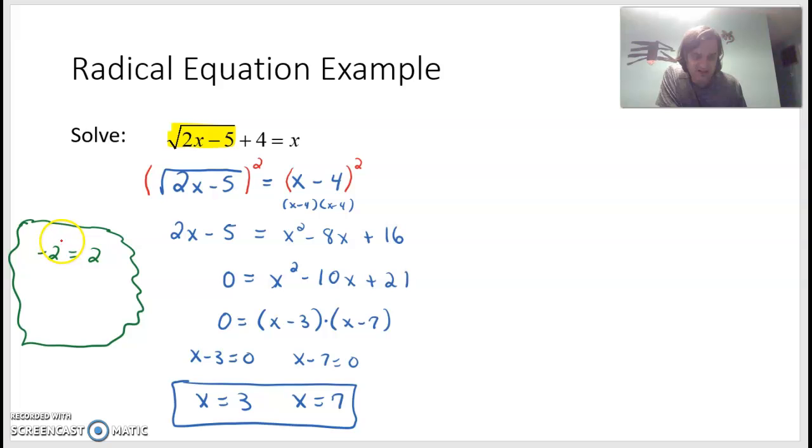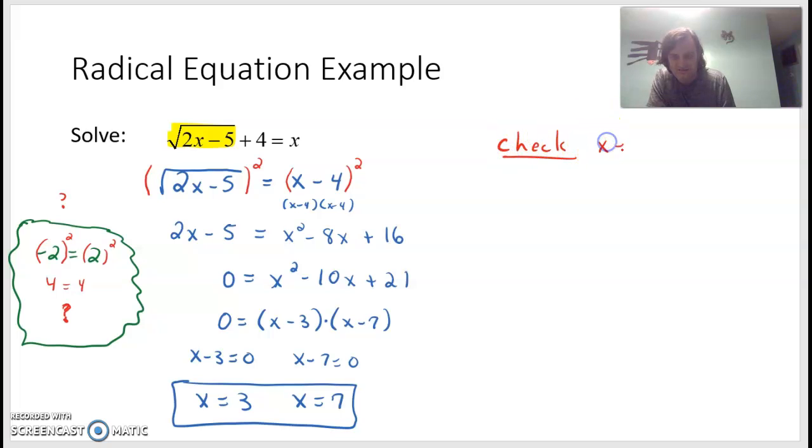But if I do what I did in this problem and square both sides, it turns into 4 equals 4, which is true. So the reason we need to check our answers is that when we squared both sides, we may pick up extra answers. If there are solutions to this equation, we're going to get them, but we also might get something extra. So let's check. But that's the reason why.